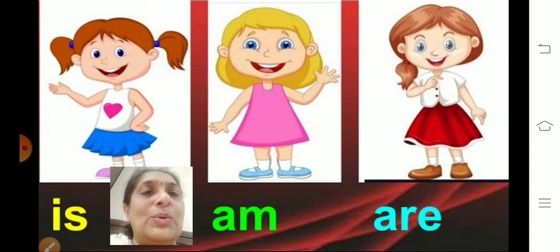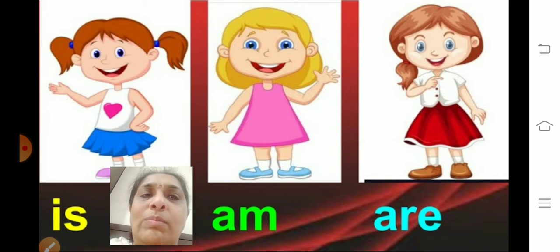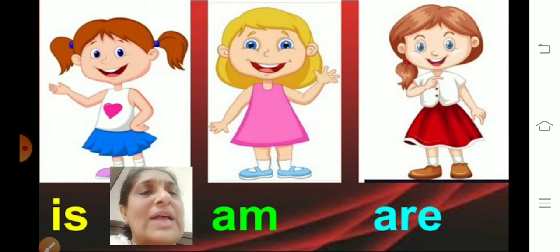Then we use are with plural nouns. They are, we are, the children are, the birds are. And we also saw that with you, we have always to use are. You can be a singular person also or a plural more than one also, but with you we have always to use are.